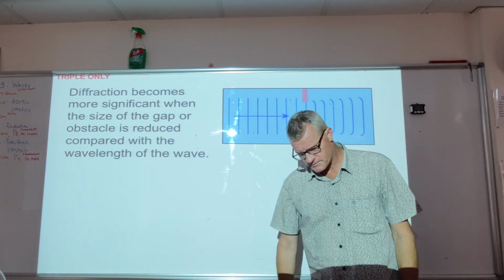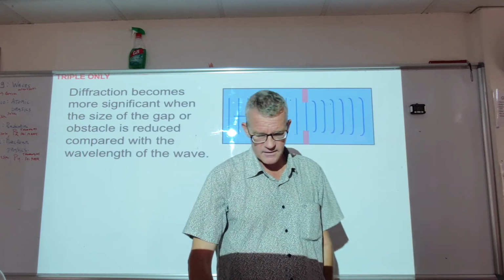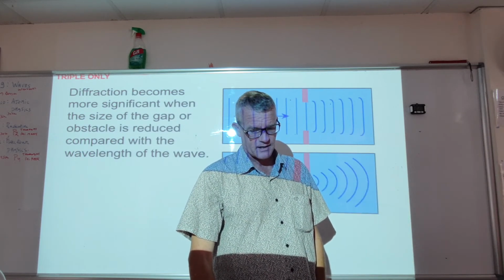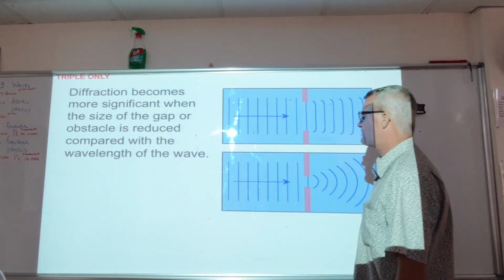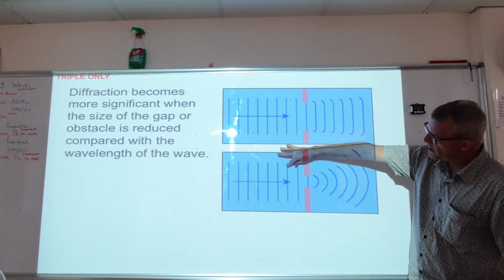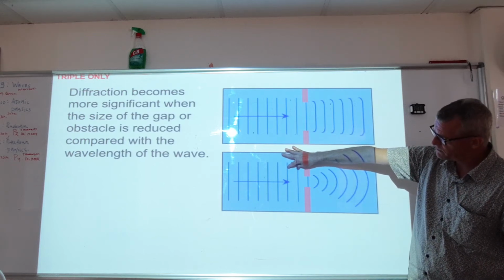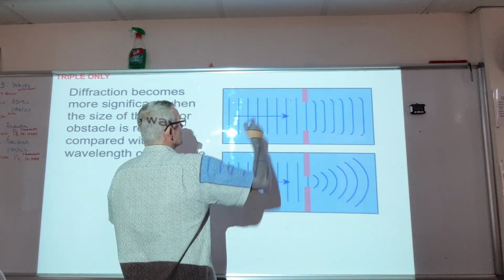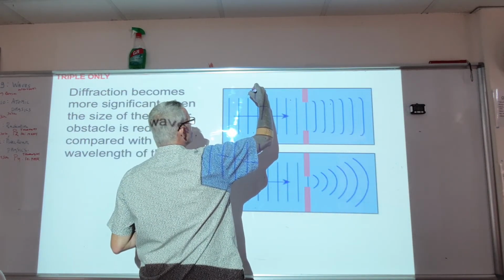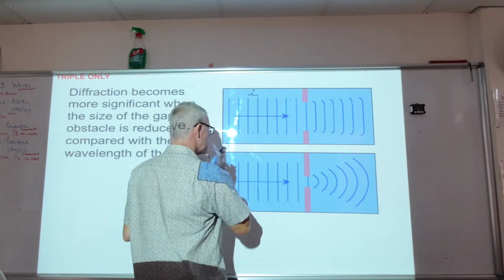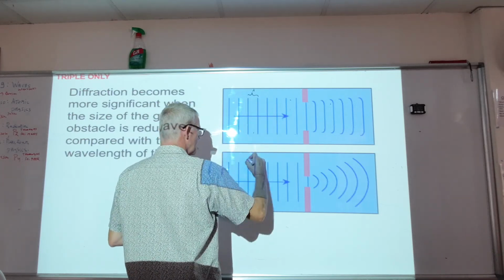Now, what is going to happen if we close that gap? What will happen with the diffraction? Now, the opening is about the size of or smaller than the wavelength, yeah? So again, in a water wave, we can denote the wavelength like this, from one top to the other.